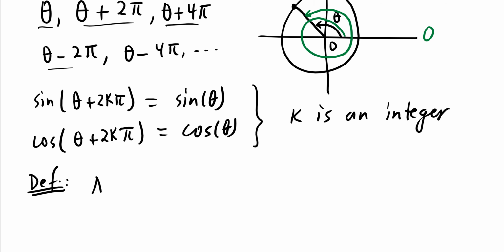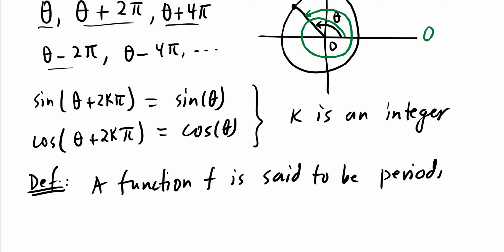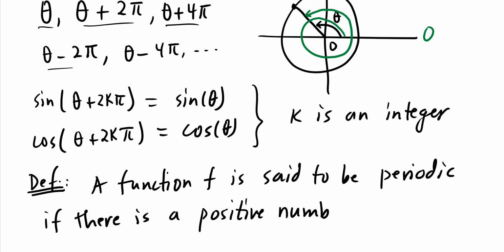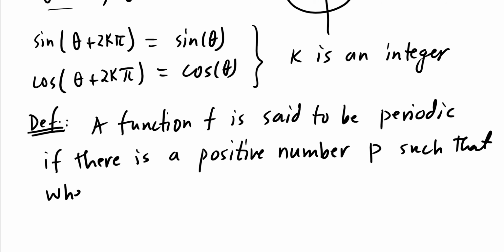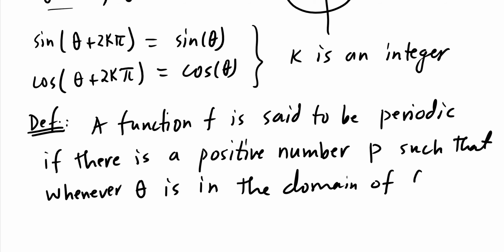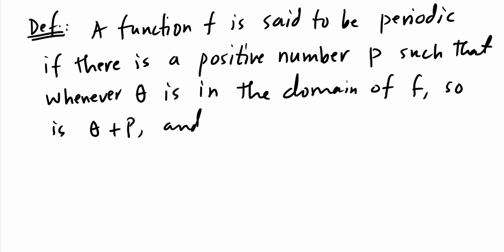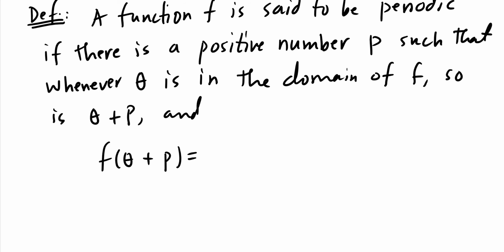The definition said a function, call it f, is said to be periodic if there is a positive number p such that whenever theta is in the domain of f, so is theta plus p, and f of theta plus p is f of theta.